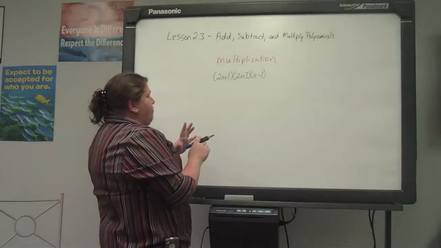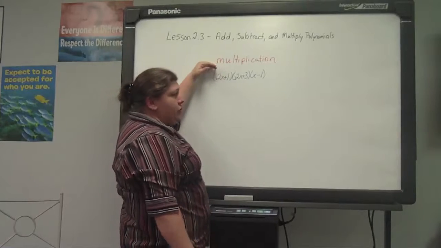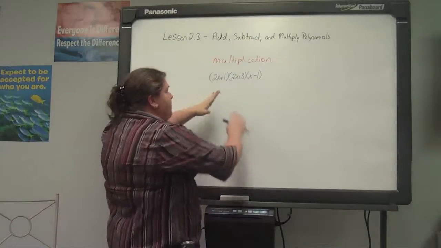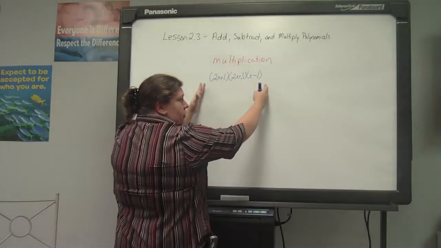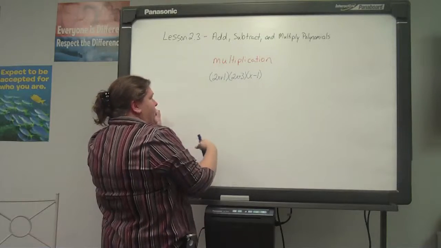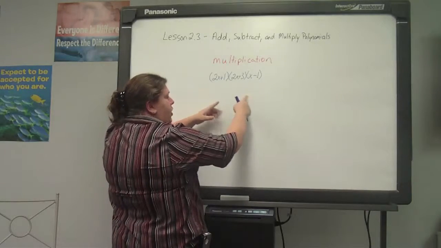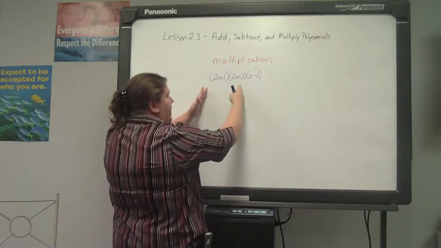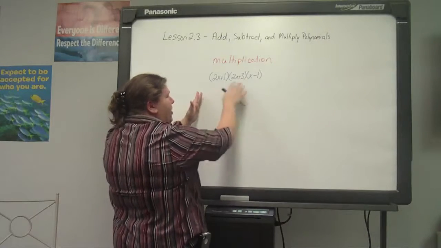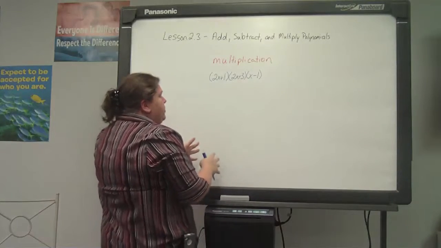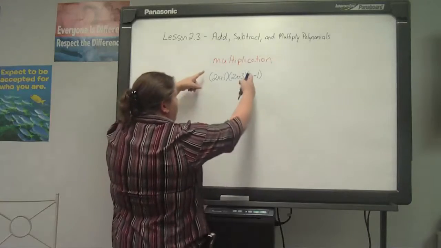The last part of this, again, we're doing multiplication, but this is something that looks different because in the last multiplication you had 2 parentheses, but this time you have 3 and you might not know where to start. And so what I do is I choose my first 2.